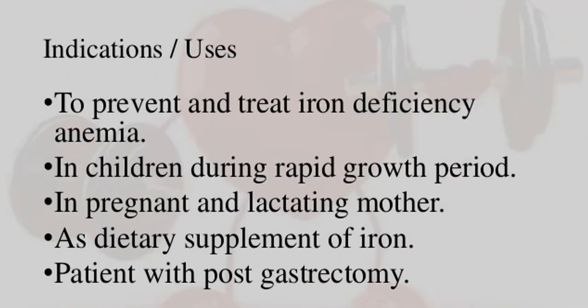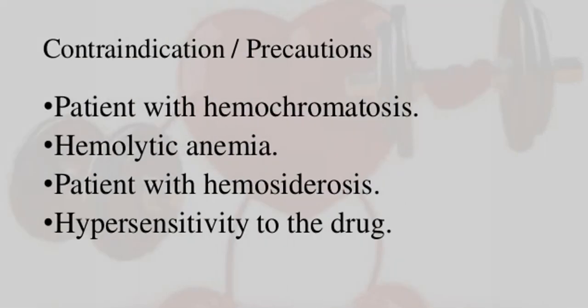Next we discussed indications. We provide iron supplements to patients with post gastrectomy, to treat iron deficiency anemia, and to prevent anemia. It helps child growth and rapid development, and pregnant and lactating mothers. We should provide this. Next is contraindications.